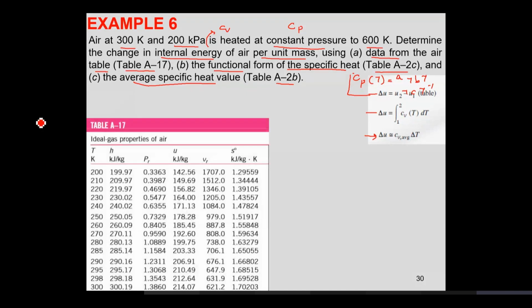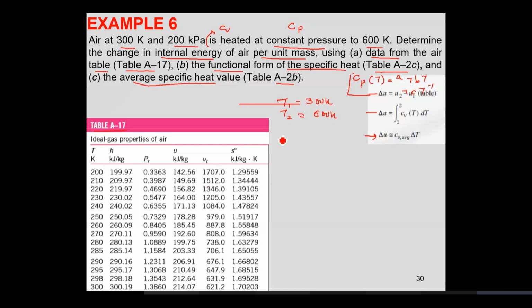The first is table A17. You know that your initial temperature is 300 Kelvin and your final temperature is 600 Kelvin.